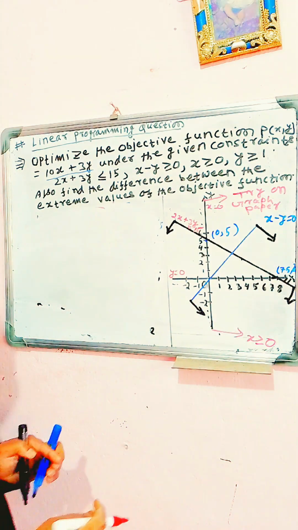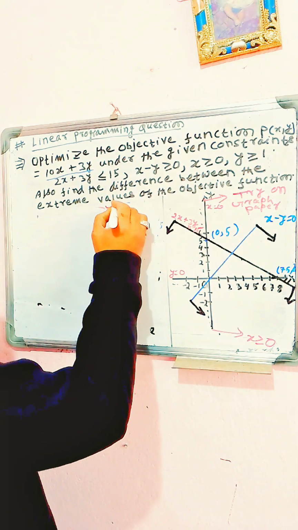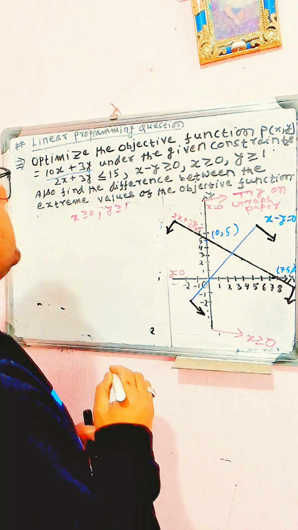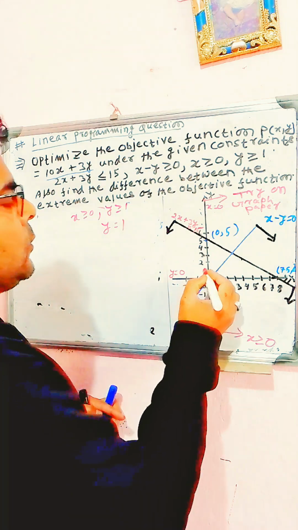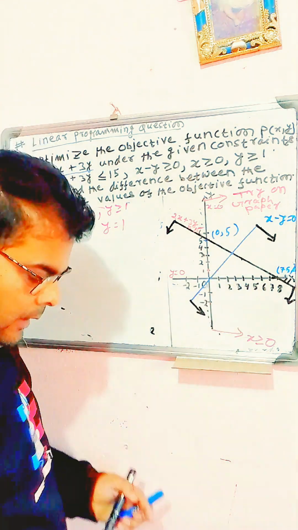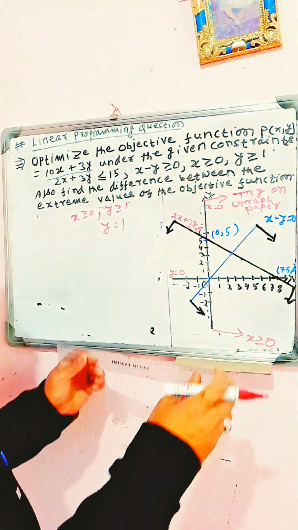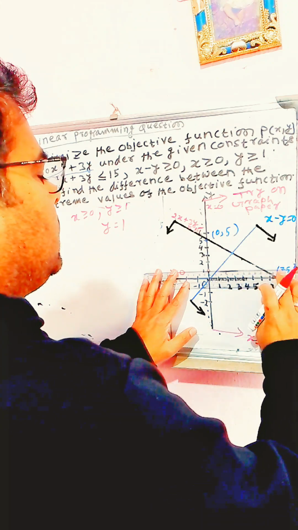And next we have another constraint given as y is greater than or equal to 1. If you consider its boundary line, that is y equals 1, you should be able to draw the equation of y equal to 1. So let's check here, y equal to 1.